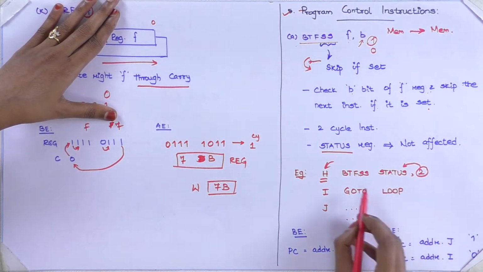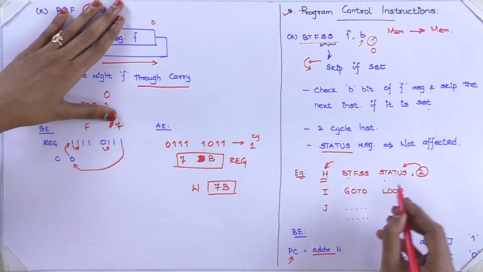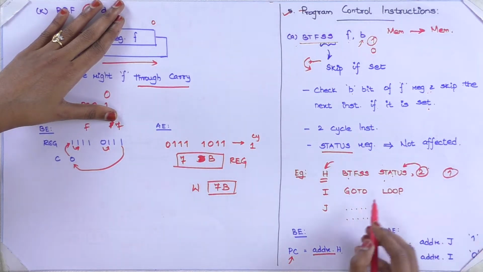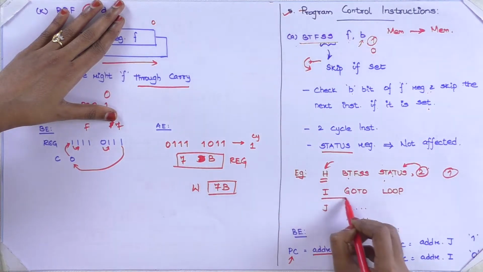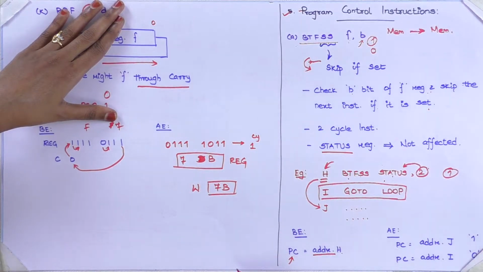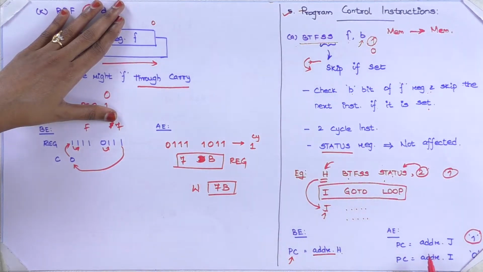Before executing this instruction, the program counter will have the address of this instruction, which is address H. After executing this instruction, if the status bit 2 value is 1, it will skip the instruction at address I and move on to the instruction at address J. So the program control is transferred to J, that is, PC will be loaded with the address of J.